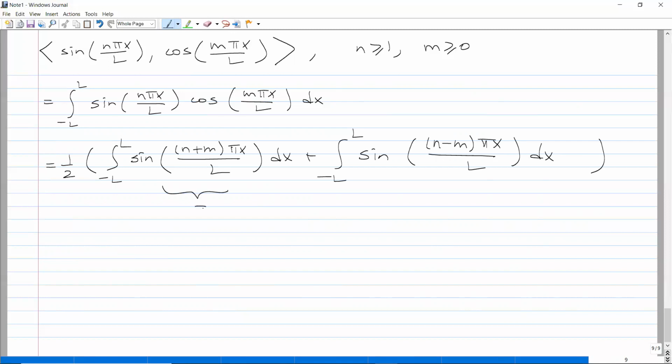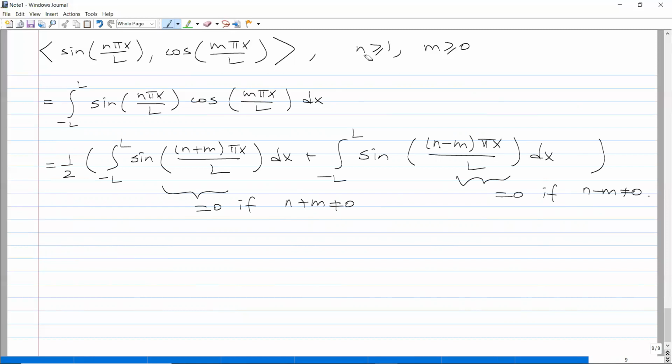So again, it is 0 if n plus m is different from 0, and this is 0 if n minus m is different from 0.